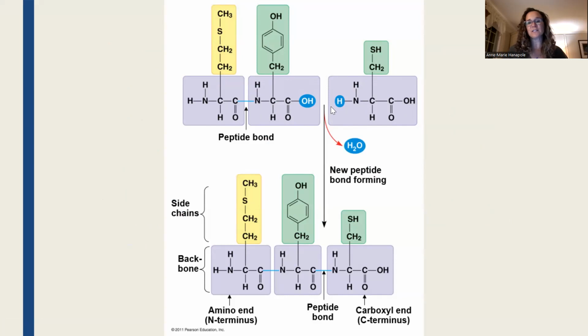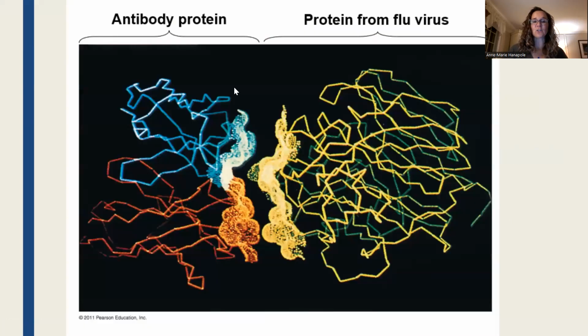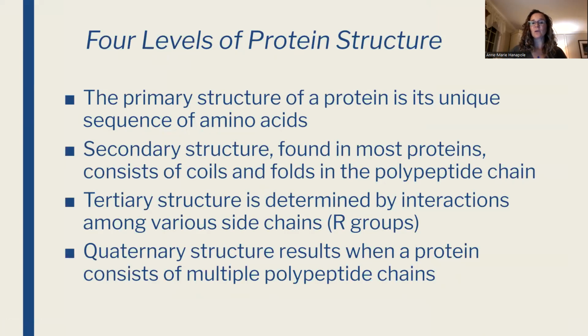Anytime we've got hydrogen bonding occurring in that backbone, that is your secondary structure. Typically with secondary structure, we find it either forms coil-like structures, or it could fold back and forth upon itself, and that forms what we call a beta-pleated sheet.